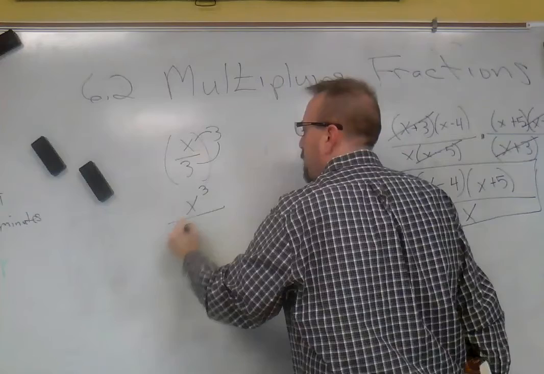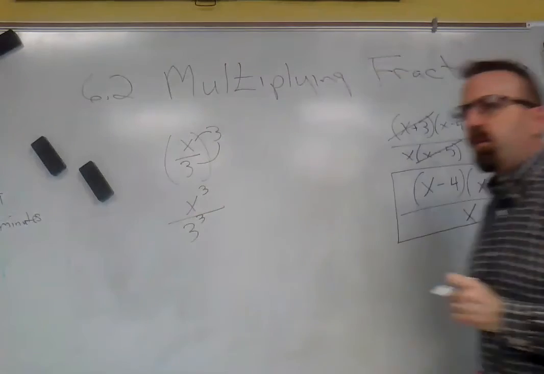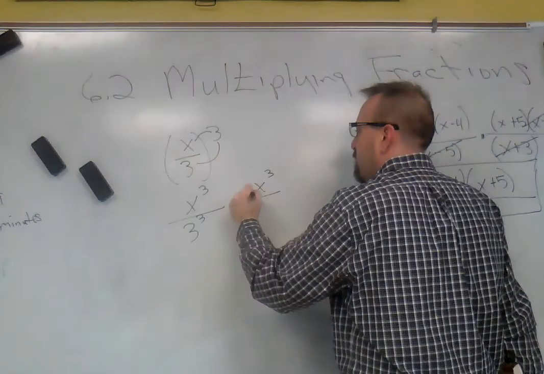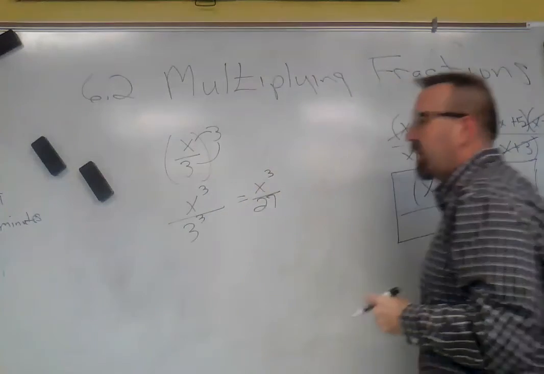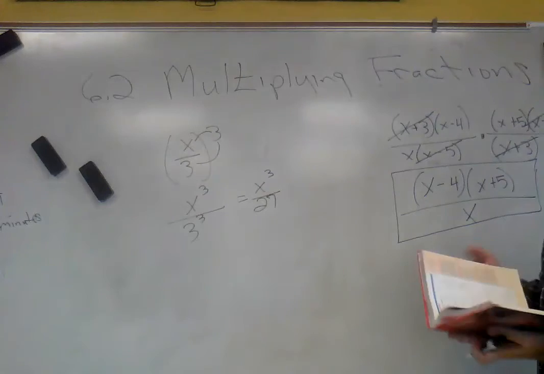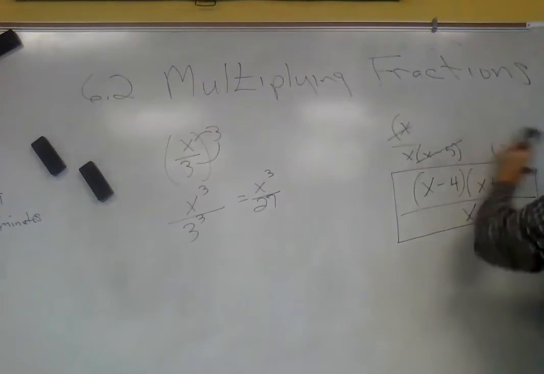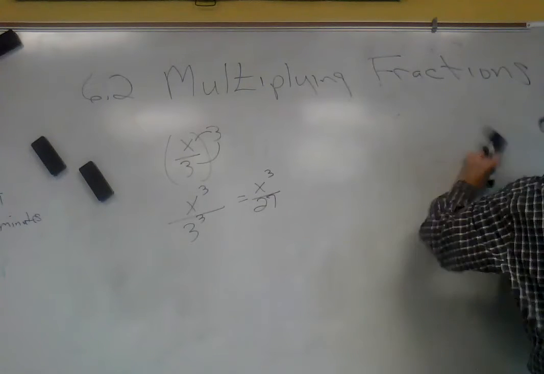So we rewrite our answer as x cubed over 3 cubed, which is 27. So simplified, it would be x cubed over 27. Let's do one more problem.